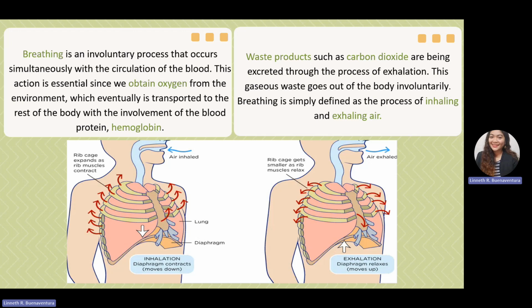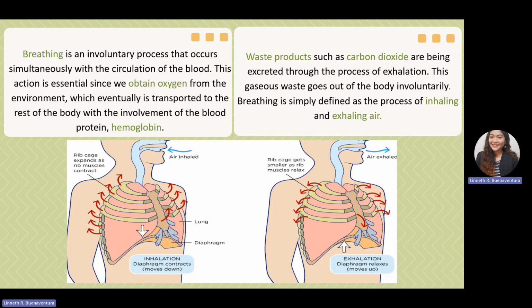Breathing consists of inhalation and exhalation. Inhalation is a process wherein the diaphragm contracts and moves down while the air is being inhaled. During that process, the rib cage expands for the larger space of the inhaled air molecules. As the rib cage expands, the rib muscles contract.